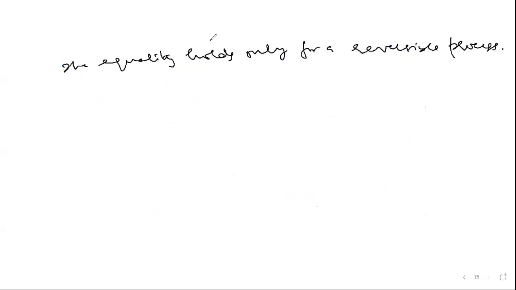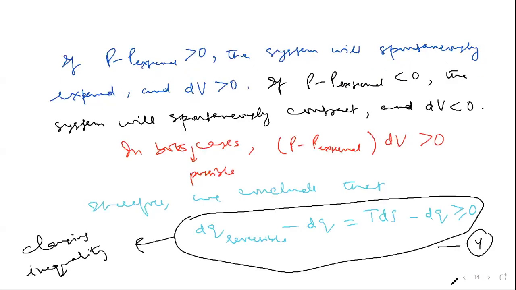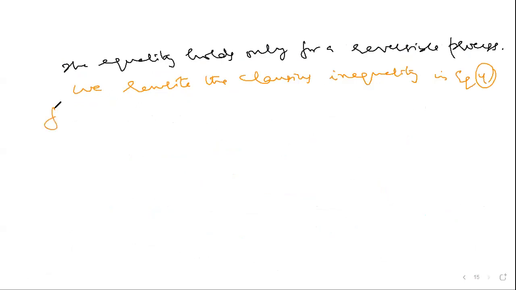We rewrite the Clausius inequality in equation 4 for an irreversible process in the form, we have to remove the equality for an irreversible process.